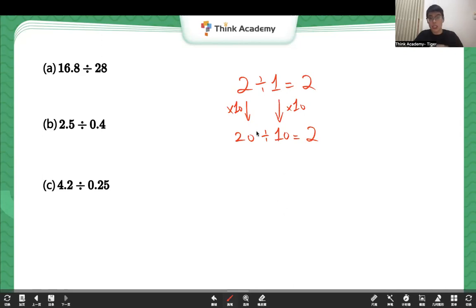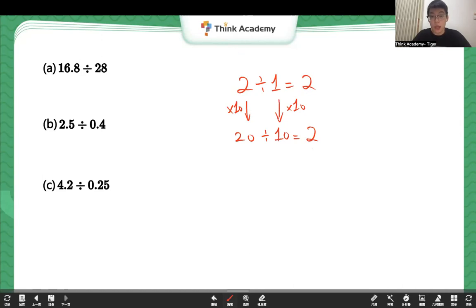So actually, you can see that in a division, if you are multiplying the same number to the dividend and the divisor, you're going to get the same quotient or the same answer. So basically, you just need to multiply the same number to both the dividend and the divisor, and you get the same answer or the same quotient.